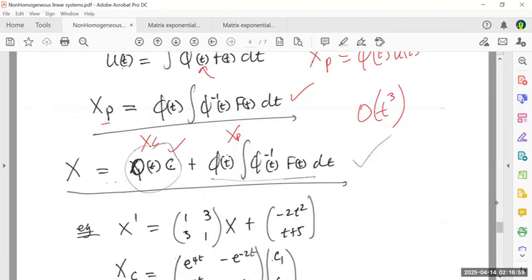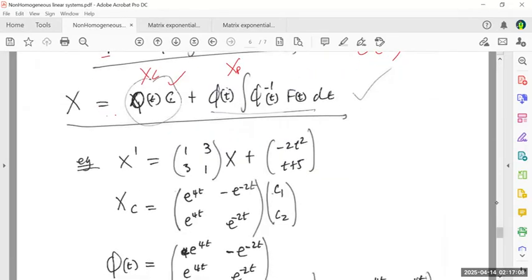We can also do it using the method of matrix exponentials, which I will introduce at some point. All right, so let's look at this example. We saw this example before. I'm assuming that we start by solving the homogeneous problem.